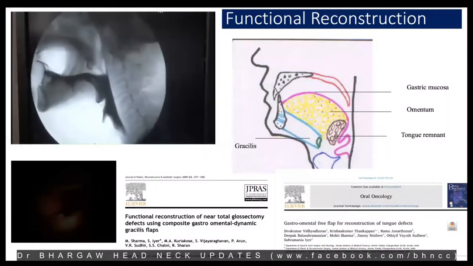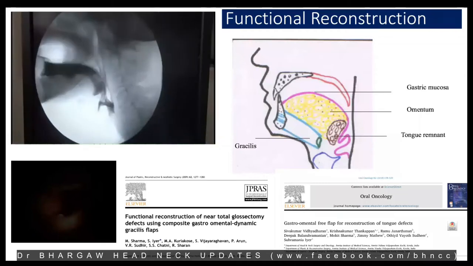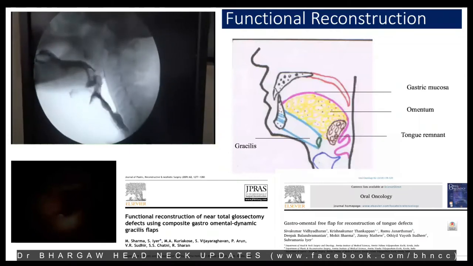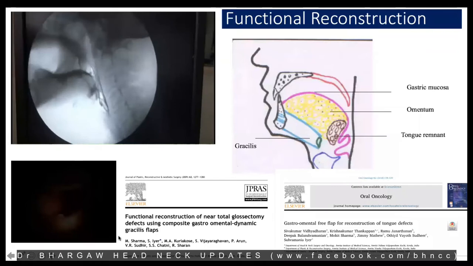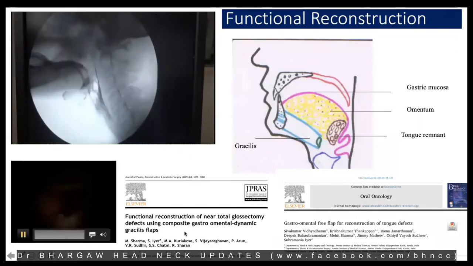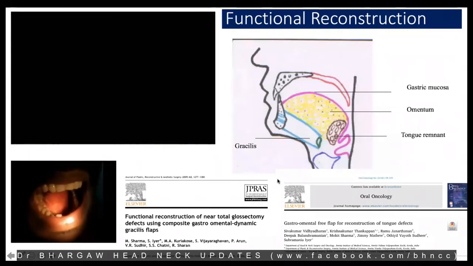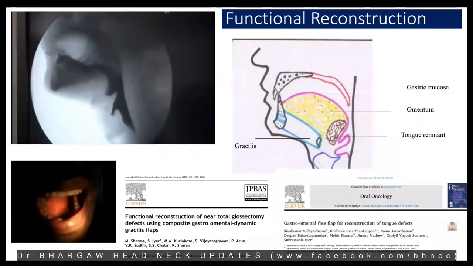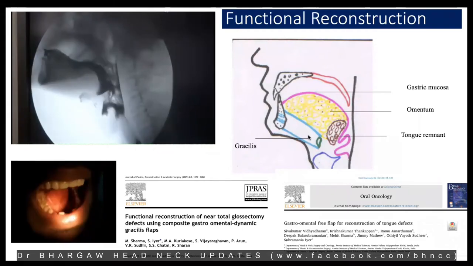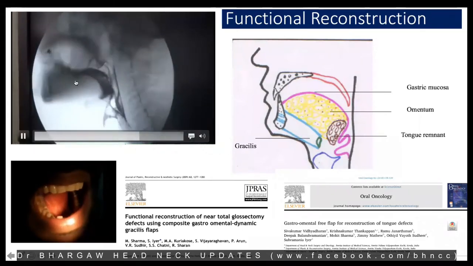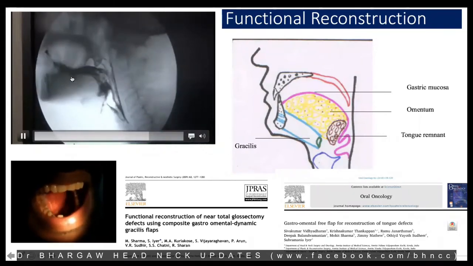In terms of glossectomy, people at Amrita have actually done functional reconstruction, where they've used two free flaps, a gastro-omental flap and a gracilis muscle flap, where they motorize the muscle flap and try to recreate the propulsive action of the tongue.